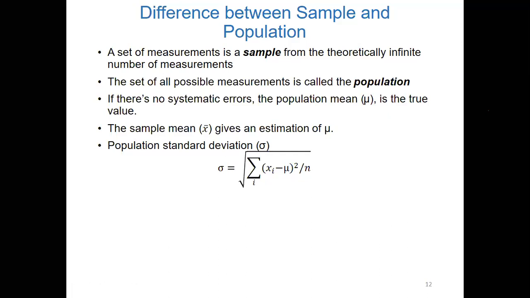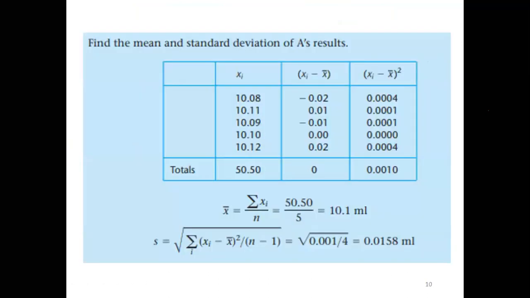Okay, and the population standard deviation, we symbolize it as sigma. This is how we calculate the population standard deviation. You remember the sample standard deviation is S. When we calculate the sample standard deviation, we took the difference from the mean and divided by n minus 1, the number of measurements minus 1.